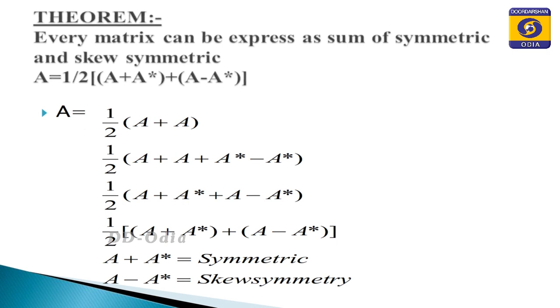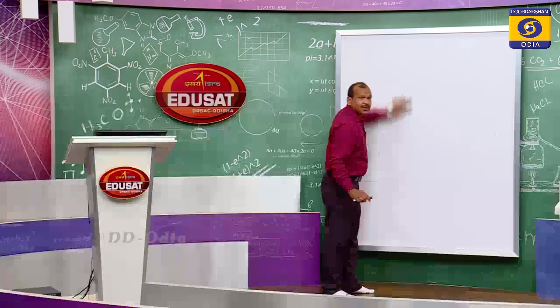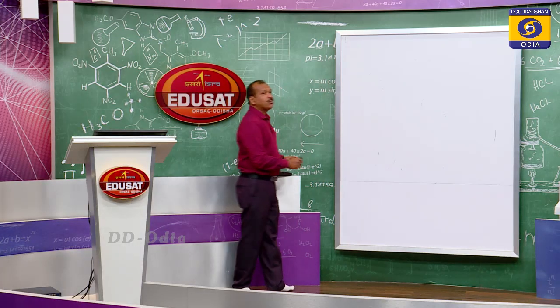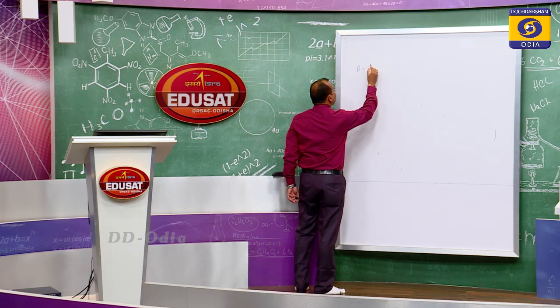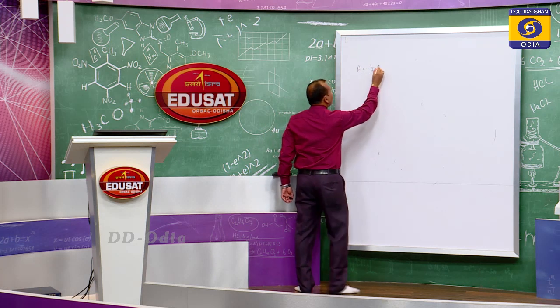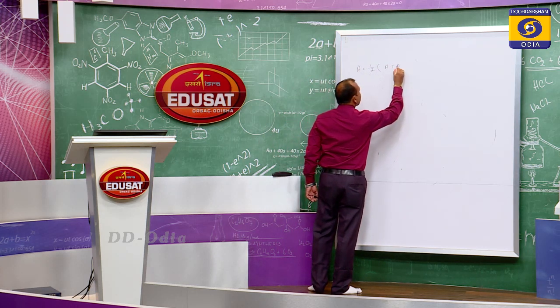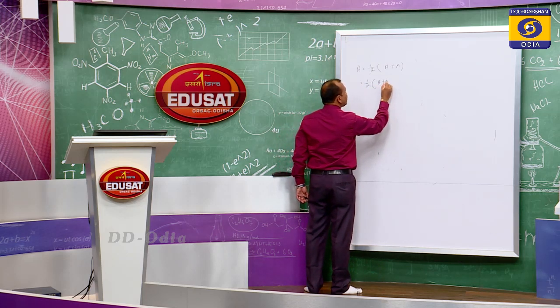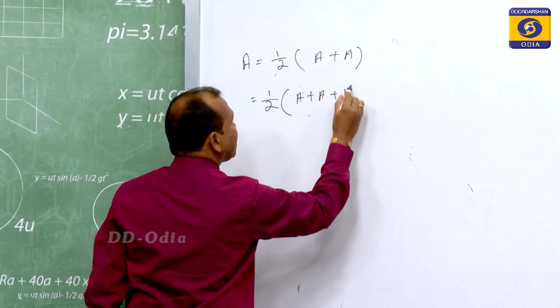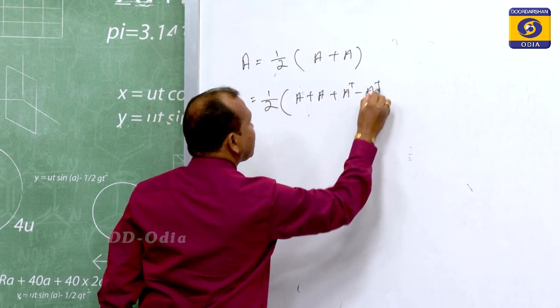Next we have one theorem. Every matrix can be expressed as a sum of a symmetric and a skew symmetric matrix. We prove this theorem. Suppose A is a matrix, then A can be written as half times of A plus A, that is equal to half times of A plus A transpose minus A transpose.